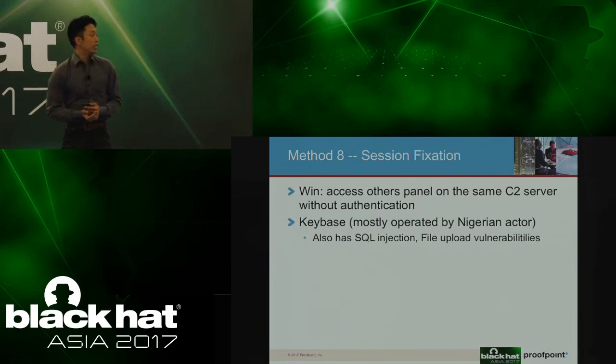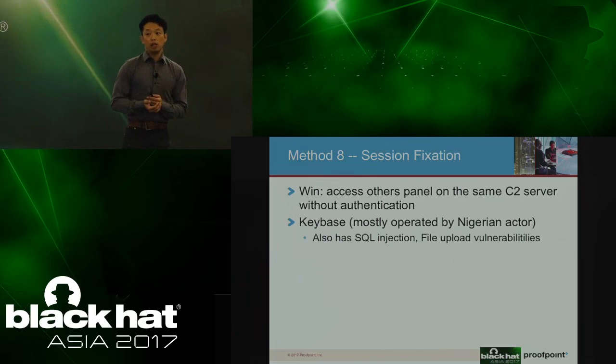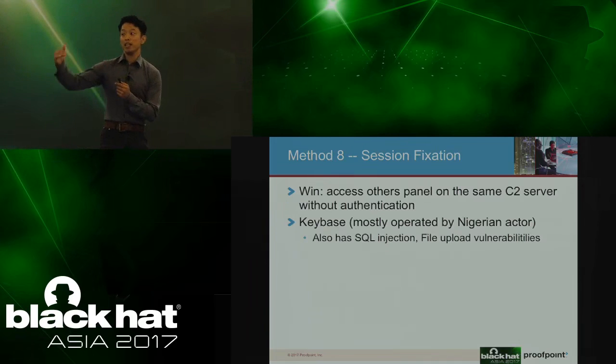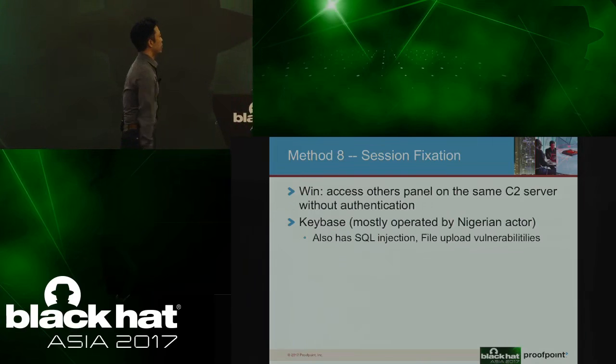There certainly is a need, because we found out that some actors love to host many command and control panels on the same server. And Keybase, for example, is mostly operated by Nigerians. This actor loves to run multiple C2 control panels on a single server.